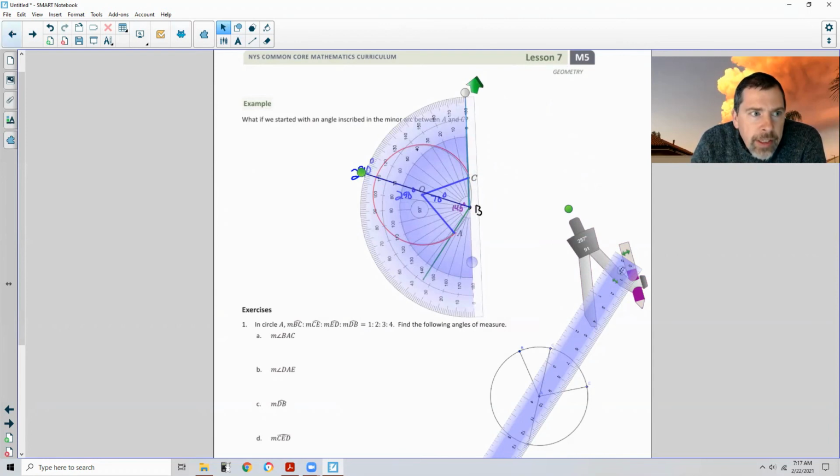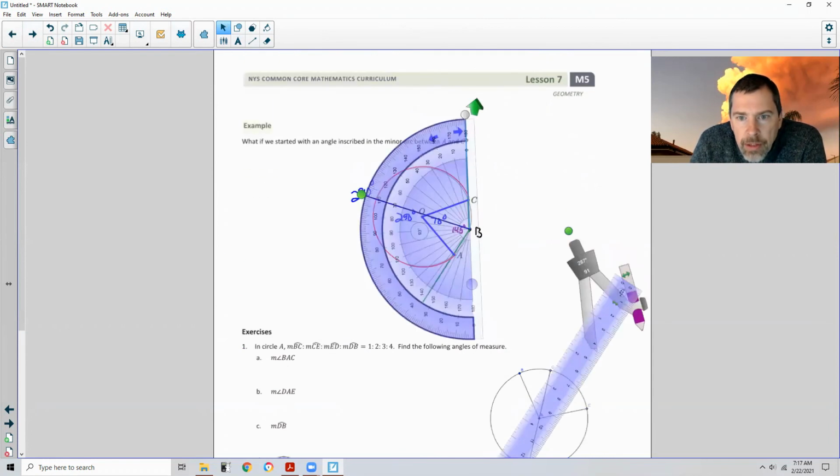One sec, let me fix this. Okay, there we go. So if I now open this up to over here, that is 145 degrees, just like we said.